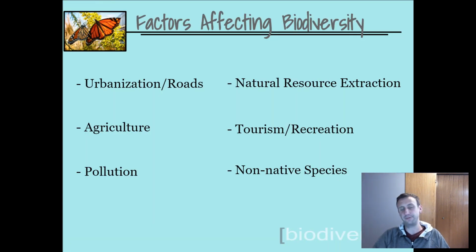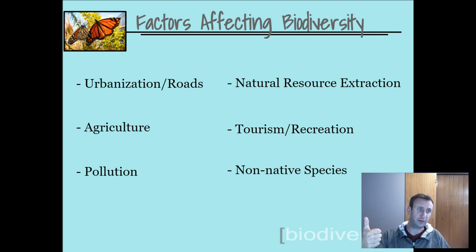So what are some factors that affect biodiversity and lower it, causing issues? Well, urbanization and roads involve destruction of habitat. Agriculture is the biggest reason for destruction of habitat, for example the palm industry in South America, and how horrible that actually is.